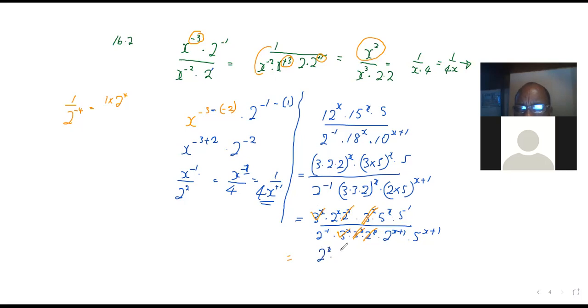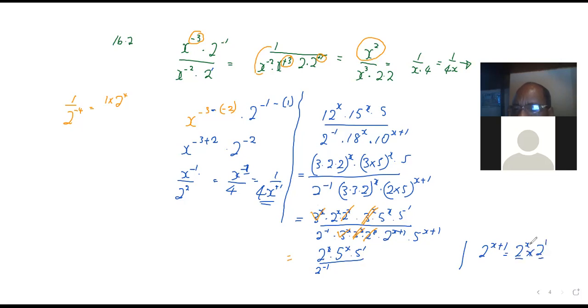2x times 5x times 5 to the power 1 down here, 2 minus 1. 2x plus 1 is the same as 2x times 2 to the power 1. The bases are the same.